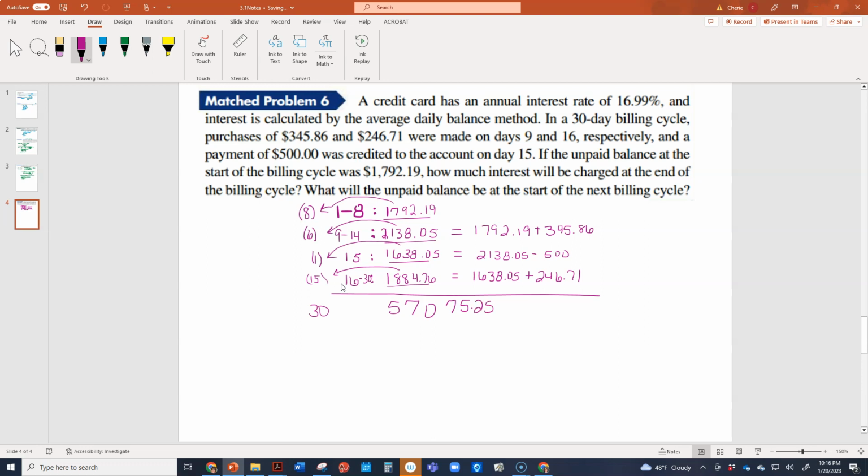So I did 1,792 times 8, this number times 6, this number times 1, this number times 15, and then I added all those up. That number is divided by 30 to get an average daily balance of $1,902.51.